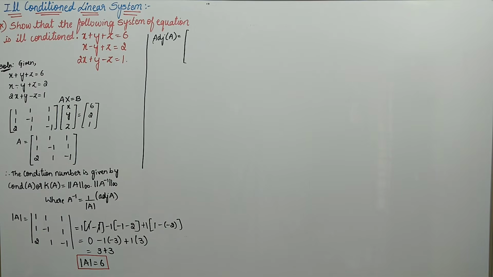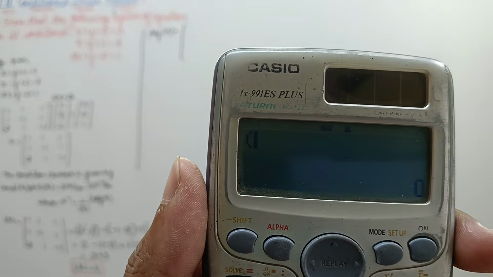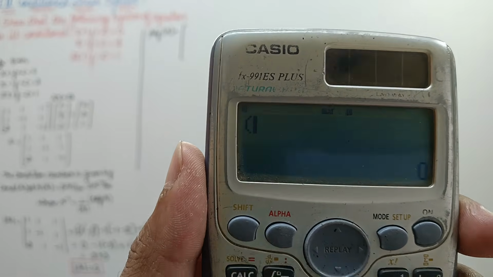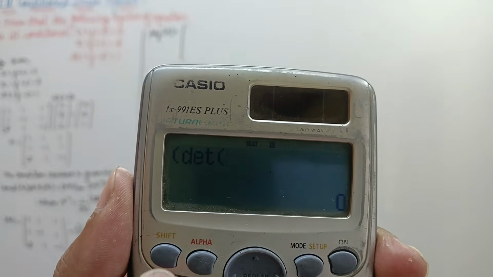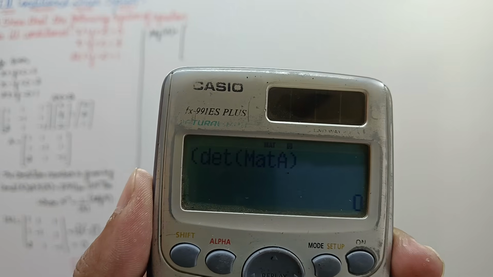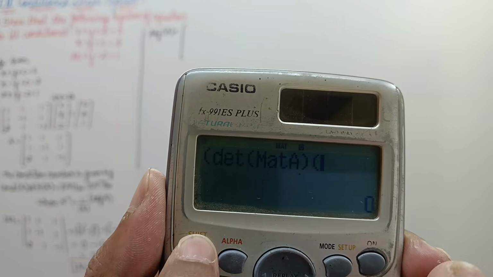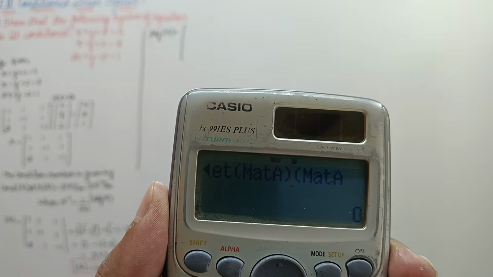To find adjoint, we are supposed to take A inverse into determinant of A. That is, open bracket, first let us represent determinant of A: shift 4, press 7, determinant of Mat A, which is 6, close the bracket, again open bracket, into shift 4 Mat A, then inverse.